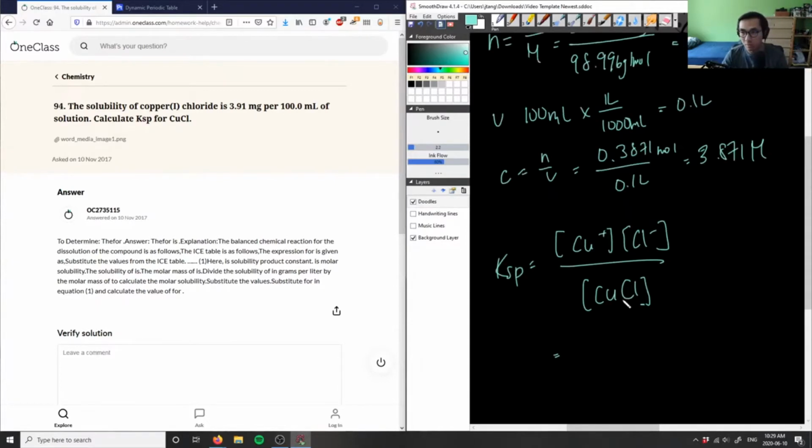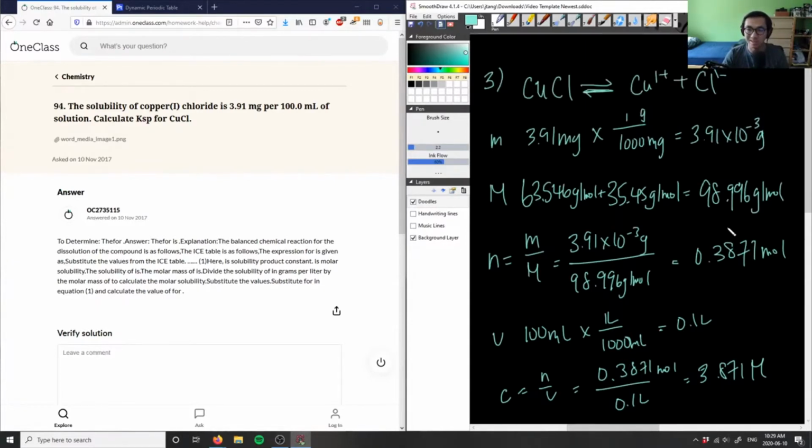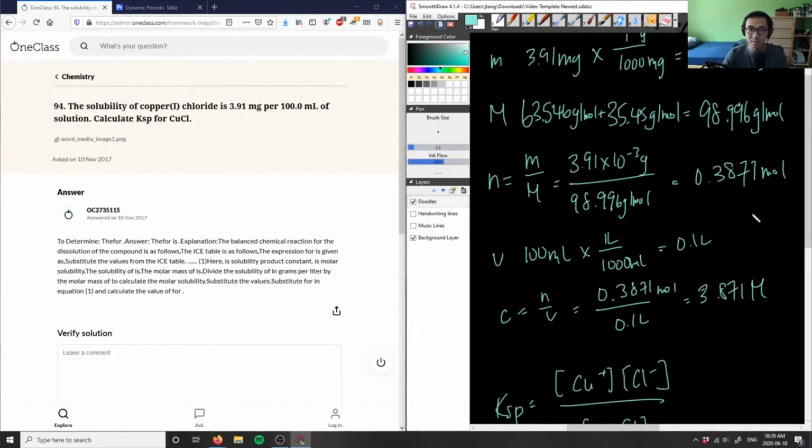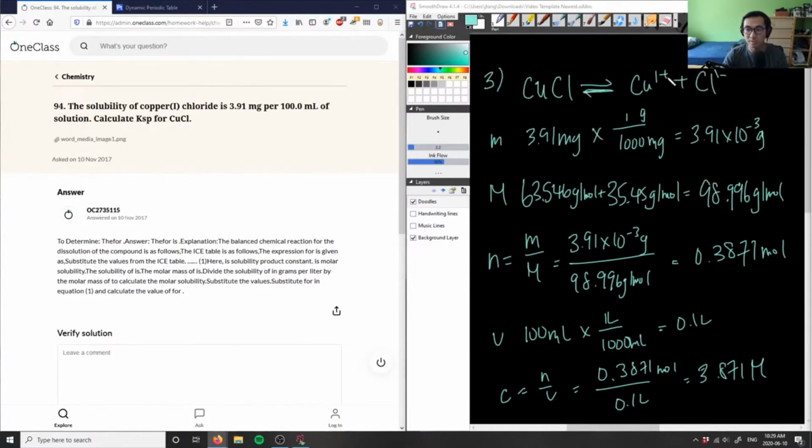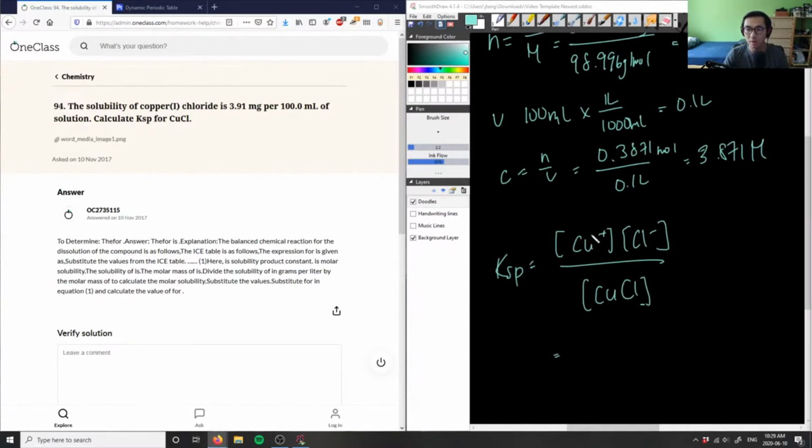I know that the moles are going to be the same, and there are no coefficients in front of the Cu+ and the Cl-, so these exponents are all going to be 1. So I can simply divide out the concentrations to figure out my Ksp. And this would give us our solution for this problem.